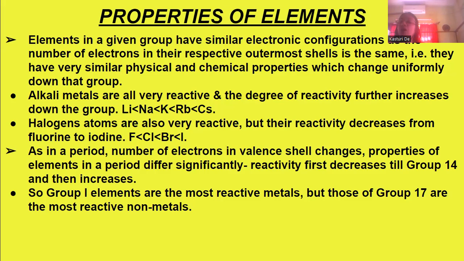Now, halogen atoms are also very reactive, but their reactivity decreases from fluorine to iodine. In the case of halogens, this trend will be just the opposite, because fluorine will be more reactive than chlorine, chlorine will be more reactive than bromine, and bromine will be more reactive than iodine.